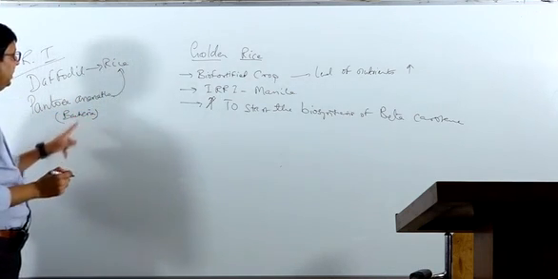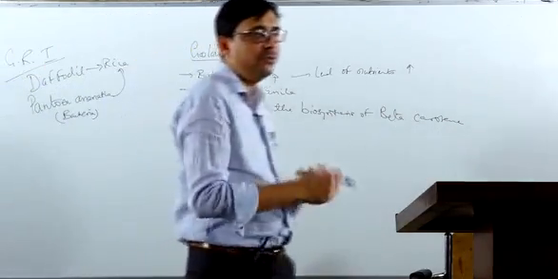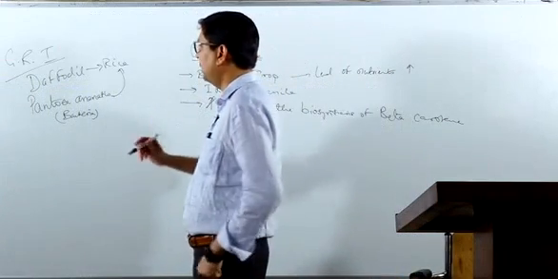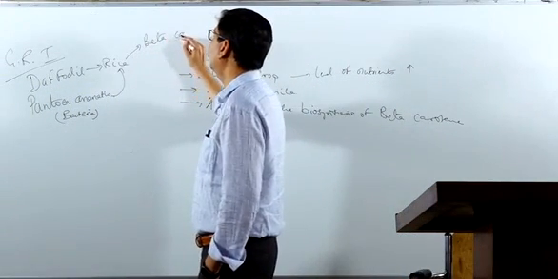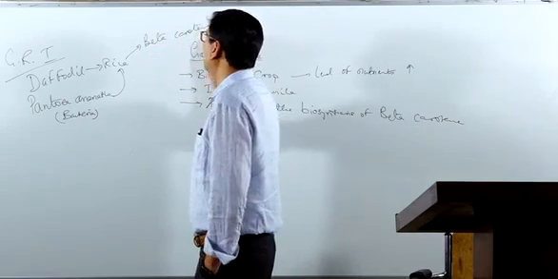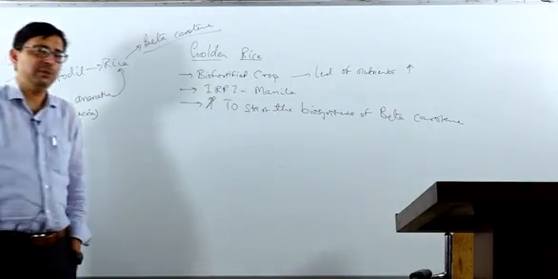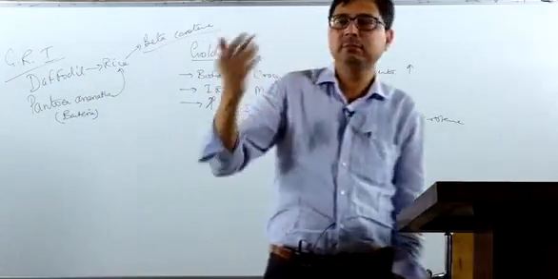So gene from bacteria into rice, gene from daffodil into rice. Rice means rice cell, and then the plant was developed. What we found was that beta carotene was present in the rice grain, but the level of beta carotene was very small. So we wanted this beta carotene to go up.